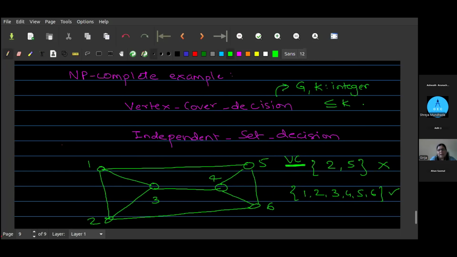If we can do less than k, then we can do k as well. Typically, decision questions coming from optimization questions are upper or lower bounded; here it is upper bounded, and in a maximization problem it will be lower bounded. We'll come to that. Equality is also fine, but the convention is to upper bound it and say at most k.